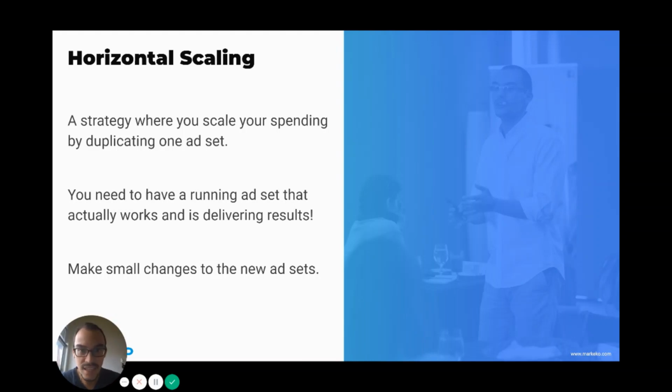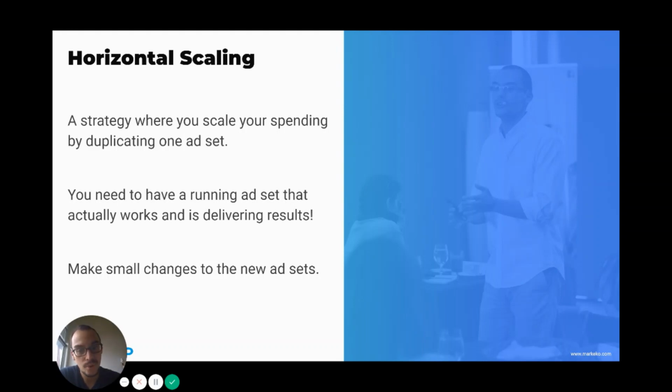And this is the key thing with horizontal ad scaling: you have to have an ad set that is actually working. You don't want to scale something that is not giving you proper results. You want to scale something that is already giving you your CPA and your return on ad spend, the right results, and you want to figure out how to scale that successful ad set.